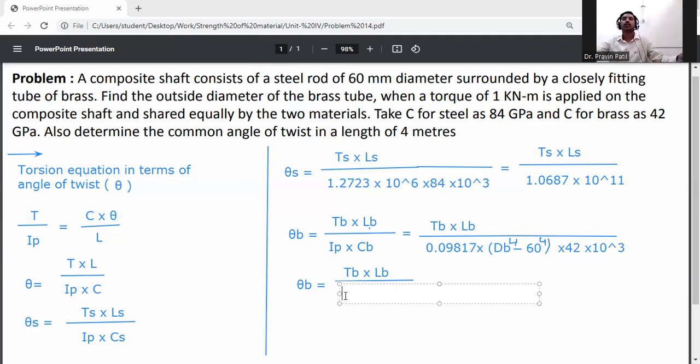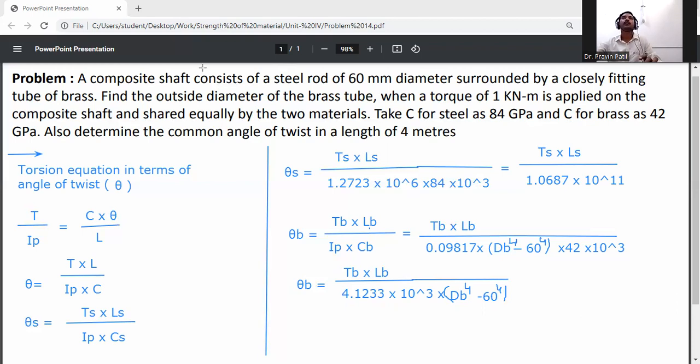It will be 4.1233 into 10 raised to the power 3 into, in bracket, dB raised to 4 minus small dB raised to 4, that is 60 raised to 4, we have put this value. So this one is theta B.